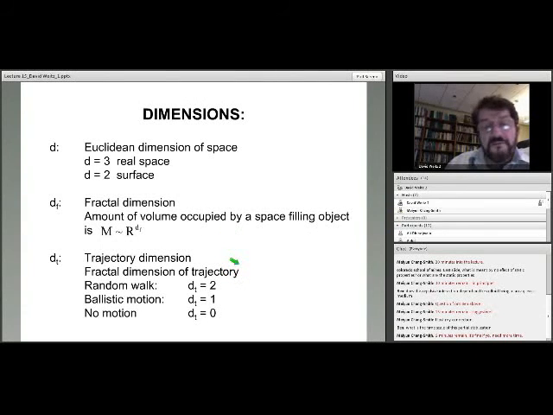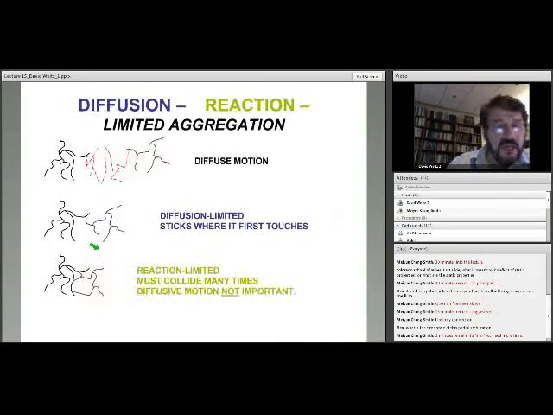And so in that case, the fact that they're undergoing diffusive motion, and if I go back here, the fact that this particle, for example, will be diffusing and therefore will always stick on the outside is relaxed, and this particle can stick anywhere with equal probability. That's like saying it has a trajectory dimension of 0. It doesn't care about the trajectory. It will stick wherever, on average, anywhere. And so that has a trajectory dimension of 0.